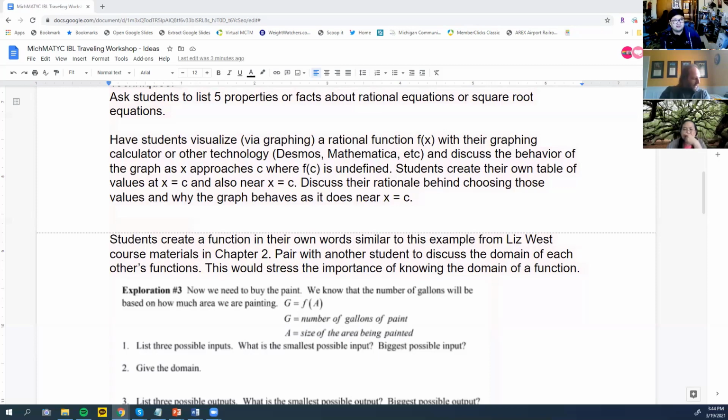So I had them create a Desmos artwork using any functions we've talked about in class. If it ends up being a good idea, I might have them do the same thing later in the semester, but require them to use only rational functions, or so many rational functions in the graph of whatever they want to draw.